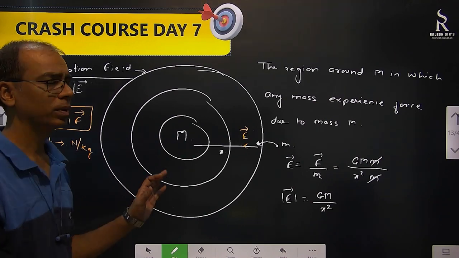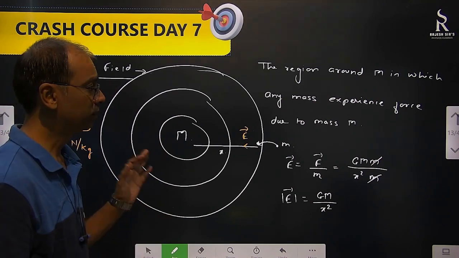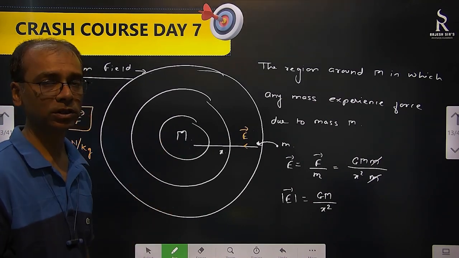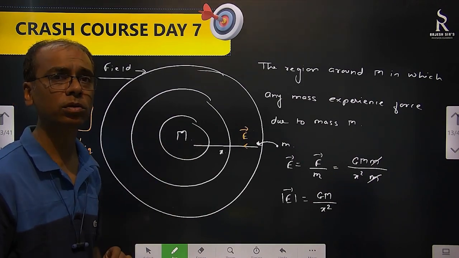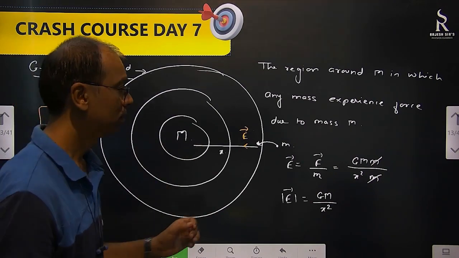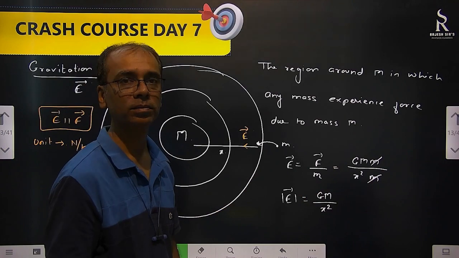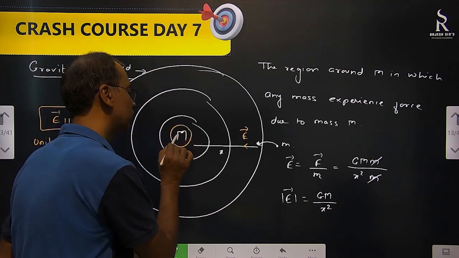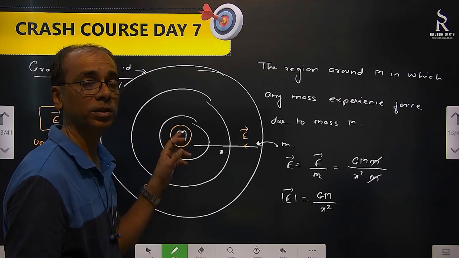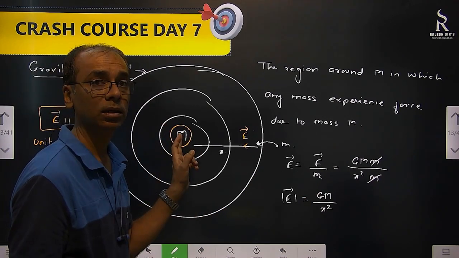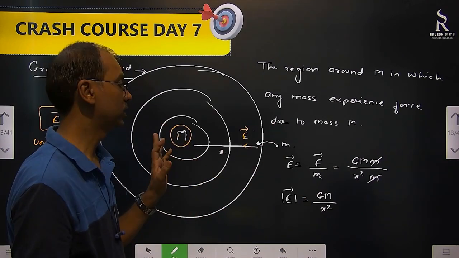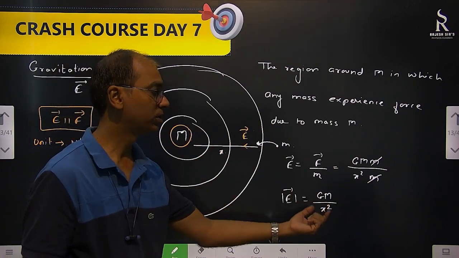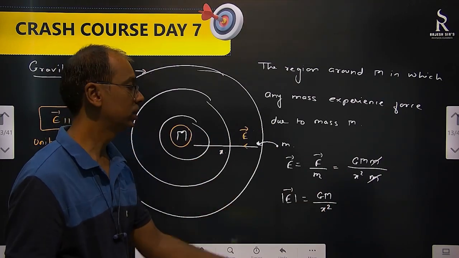Whatever questions you solve for gravitation force, the same we can do for gravitation field also. Only thing is we have to divide by this mass. The gravitation field is of this mass, so it depends on this mass and the distance from this mass. That is the gravitation field strength. What is GM by x square?